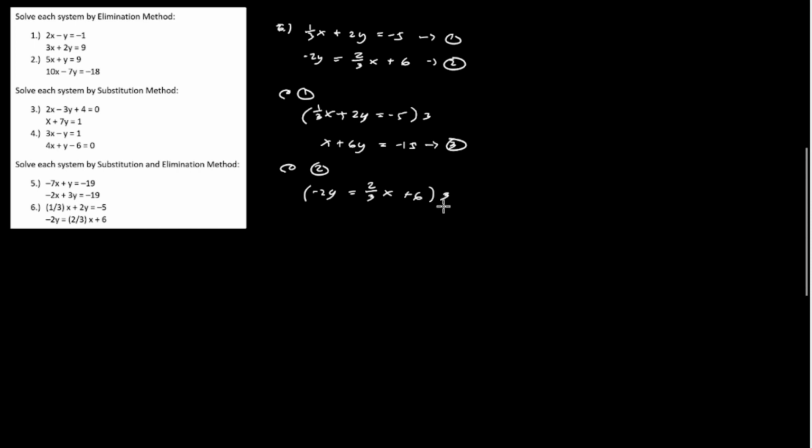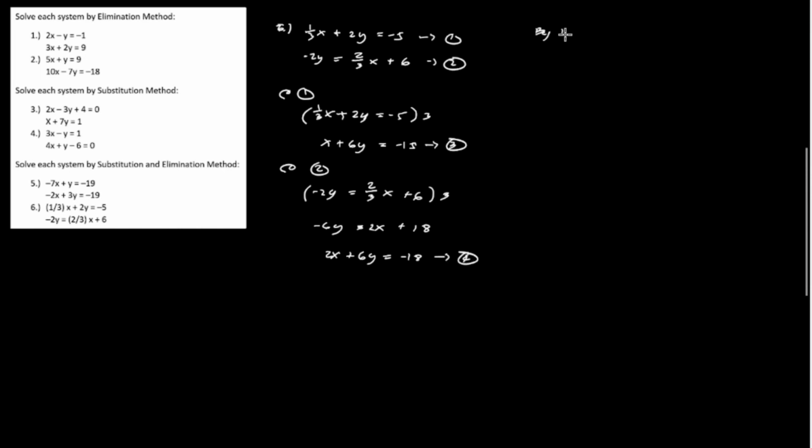Negative 2y times 3 is negative 6y, is equal to 2 times 3 over 3 times x, or 2x, plus 6 times 3 is 18. In standard form, 2x, transpose negative 6y, that's positive 6y, and it is equal to, from positive 18 to negative 18. And this is equation 4.